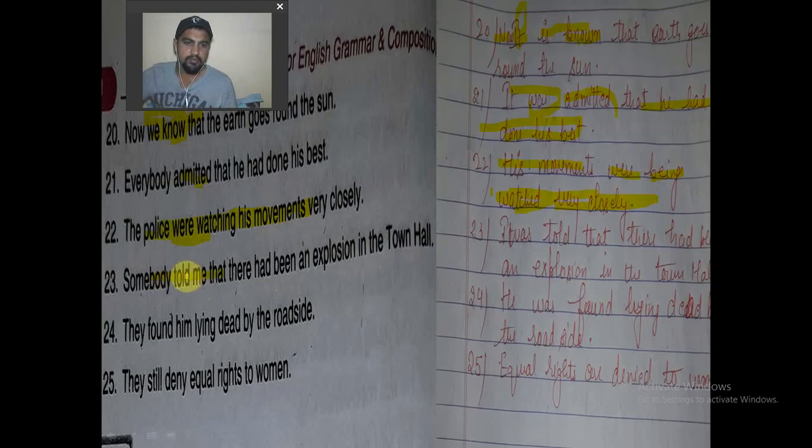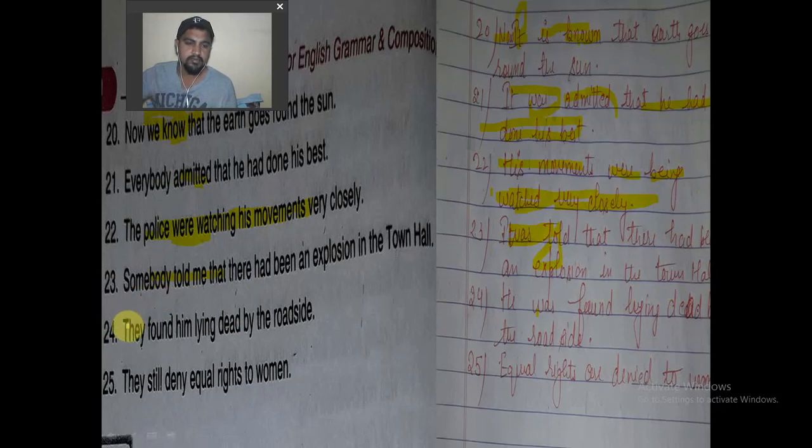Somebody told me, like it is in the past indefinite, me would be changed into I. Then if it is past indefinite, was, were plus verb third form, I was told that there had been an explosion, that would remain the same. Okay, that won't be changed.